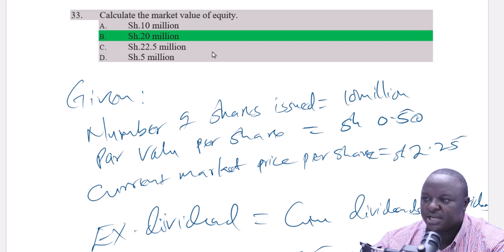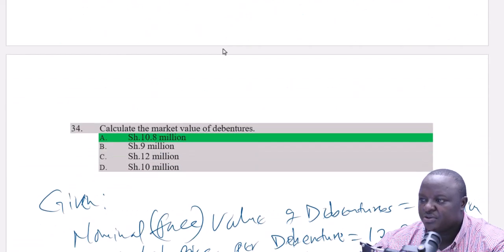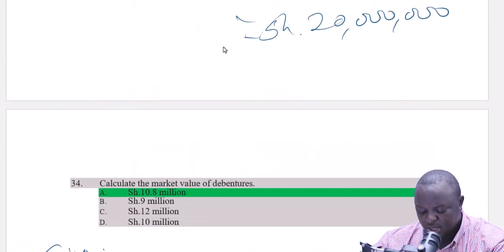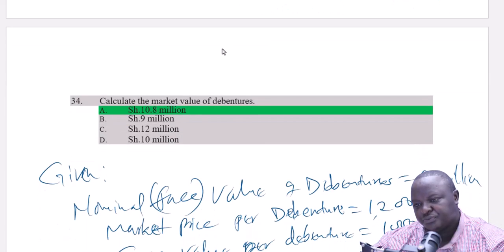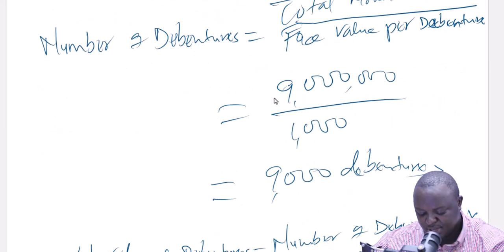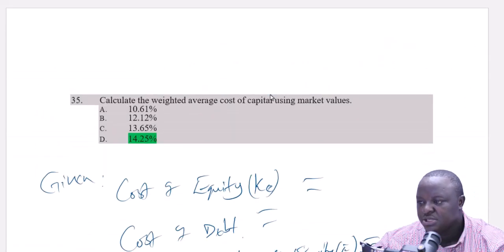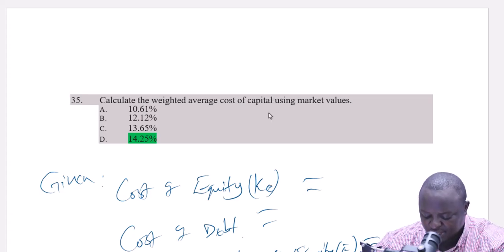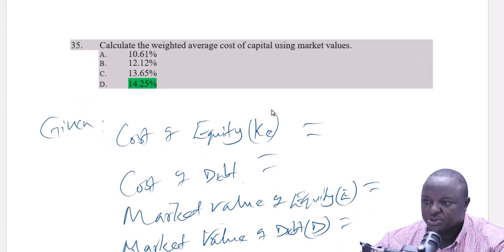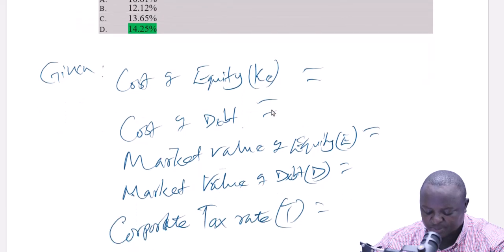When we were told to calculate the market value for equity in question 33, we got 20 million. And also, in question 34, we calculated the market value for debentures, the market value for debt, and we got 10.8 million, 10,800,000. We were told to take the corporate tax to be 30%.